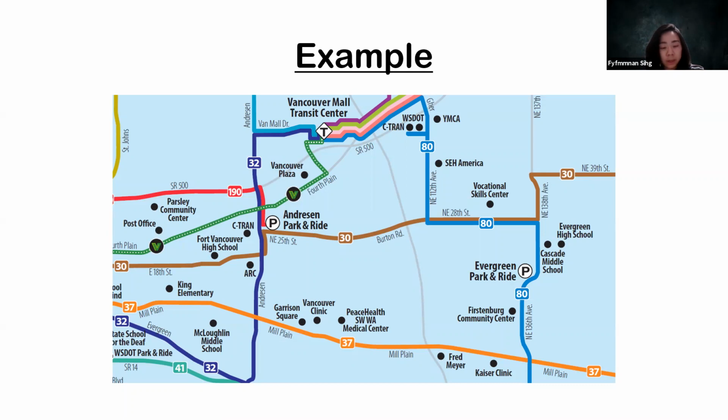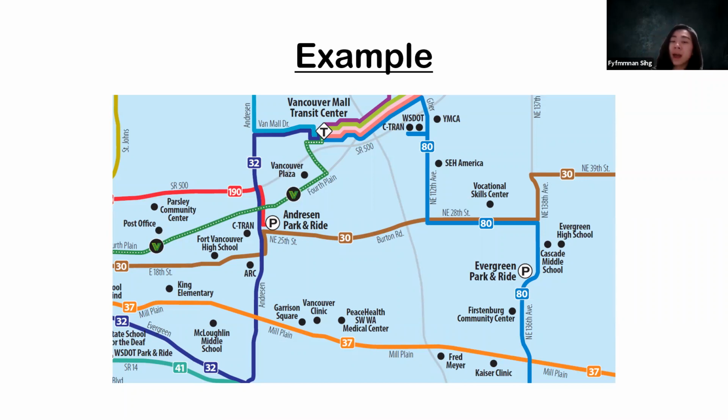But we also have just done origin to transit hub to destination, which is our combination option, where we just go from the post office, transfer to the 80, and then our final destination is that intersection of Mill Plain and Northeast 136th Avenue, and then we just walk to our final destination. Depending on access needs, any option is of course feasible, and also depending on efficiency and the headways that these particular routes have.